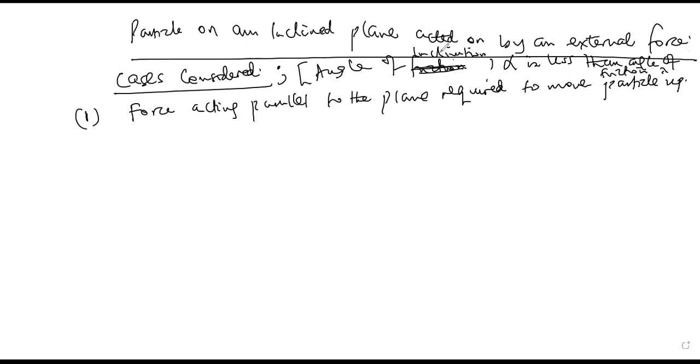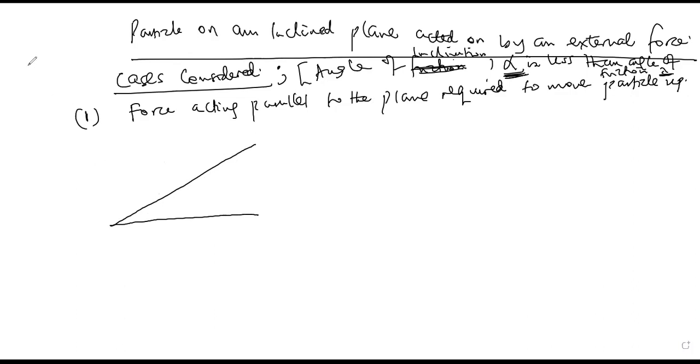When the angle of inclination alpha is less than lambda, it means that the plane is gentle enough to enable frictional force to prevent the particle from sliding down. Since the body is moving up, and the angle of inclination is less than the angle of friction, the slope is going to be gentle. Are you getting?